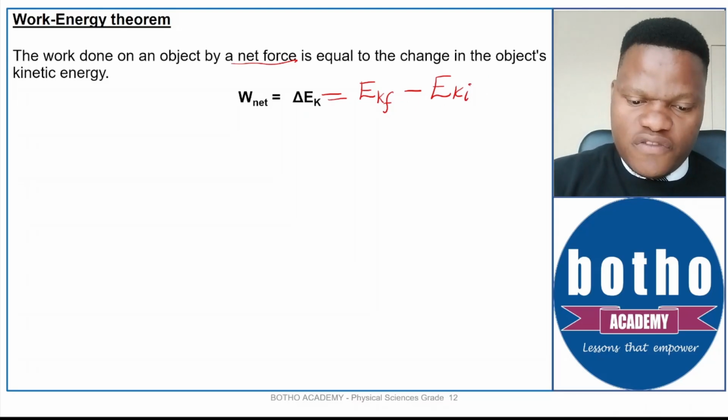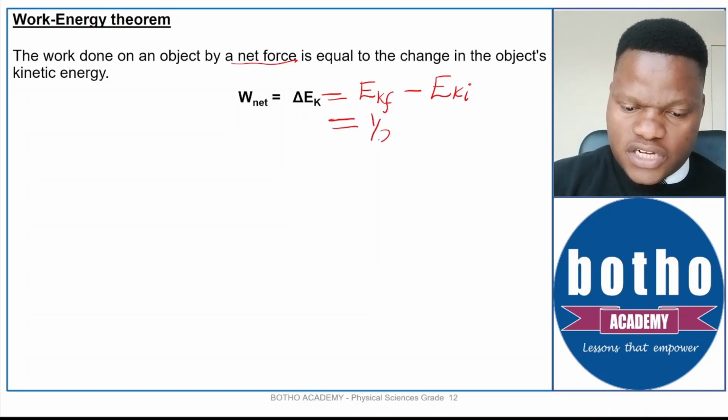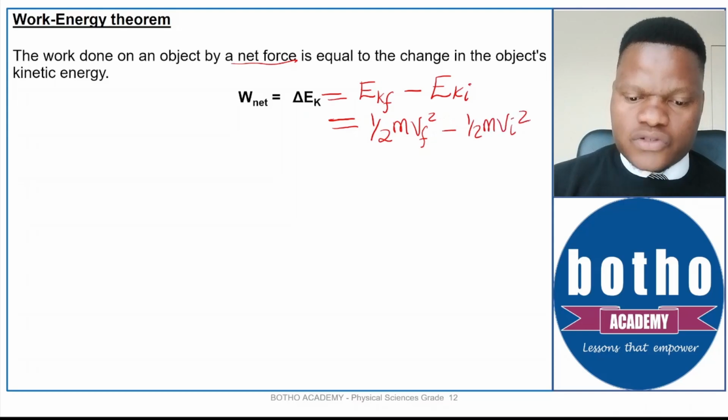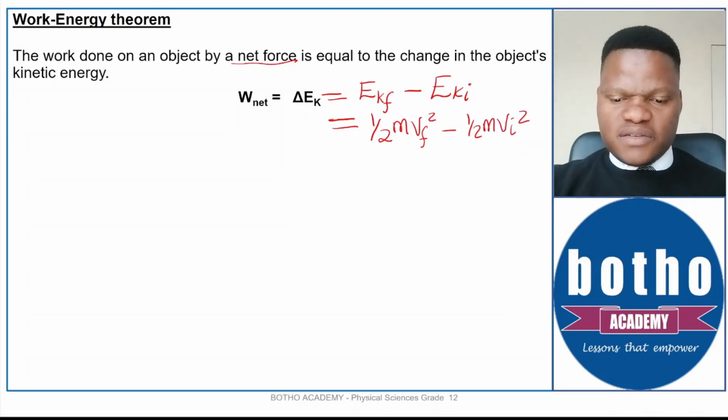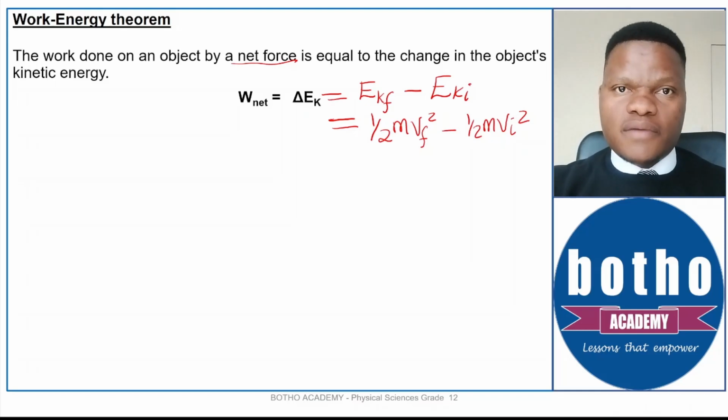We can even further simplify it by saying we know that the kinetic energy is calculated using the formula half mv squared. In this case, because this is EK final, this will be half m vf squared minus half m vi squared.